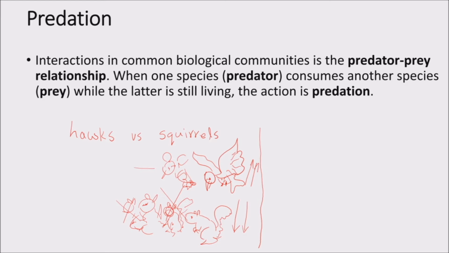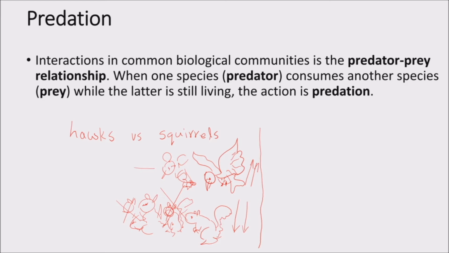So that's a problem. When the population of the food source goes down, the hawks have to fly away and find food, so they have to spend a lot of time. If there are weak hawks, they will die and things like that.